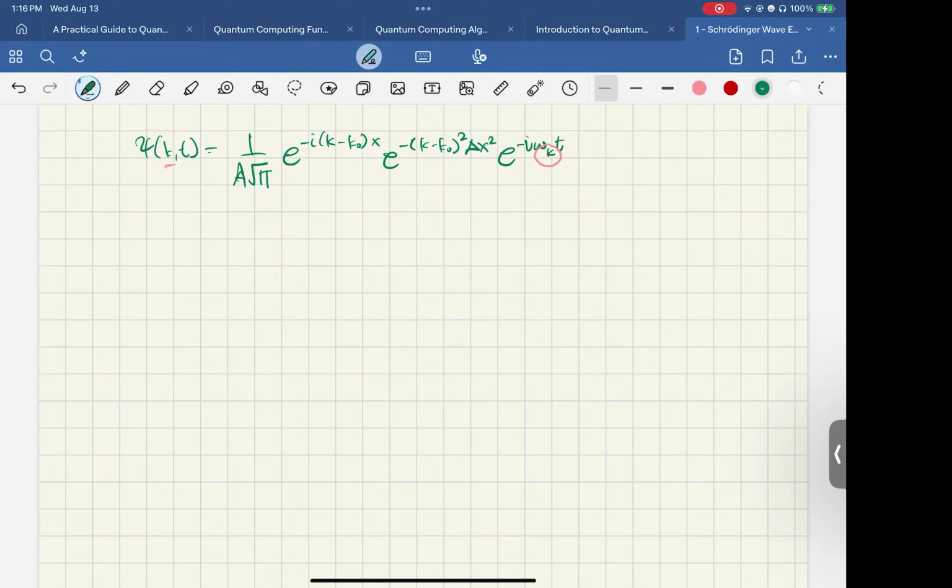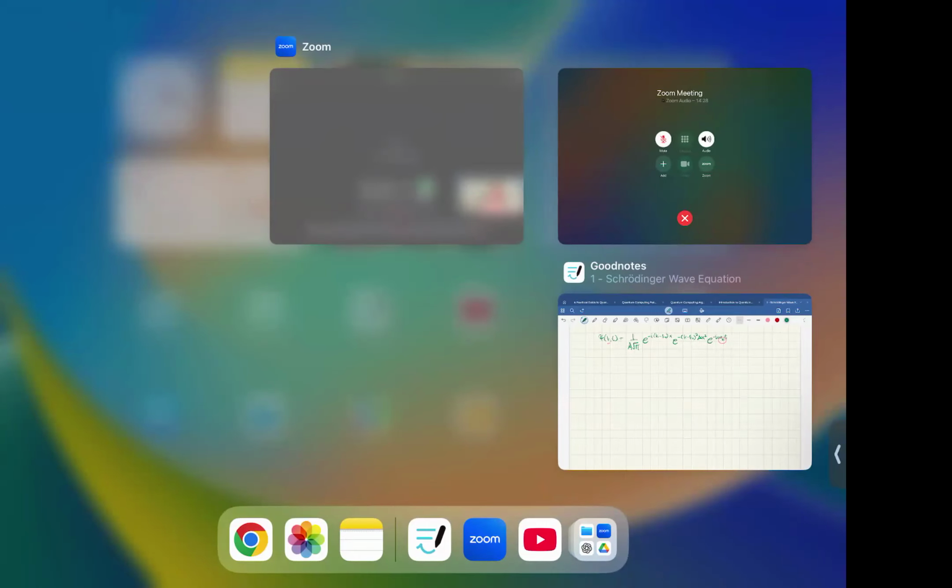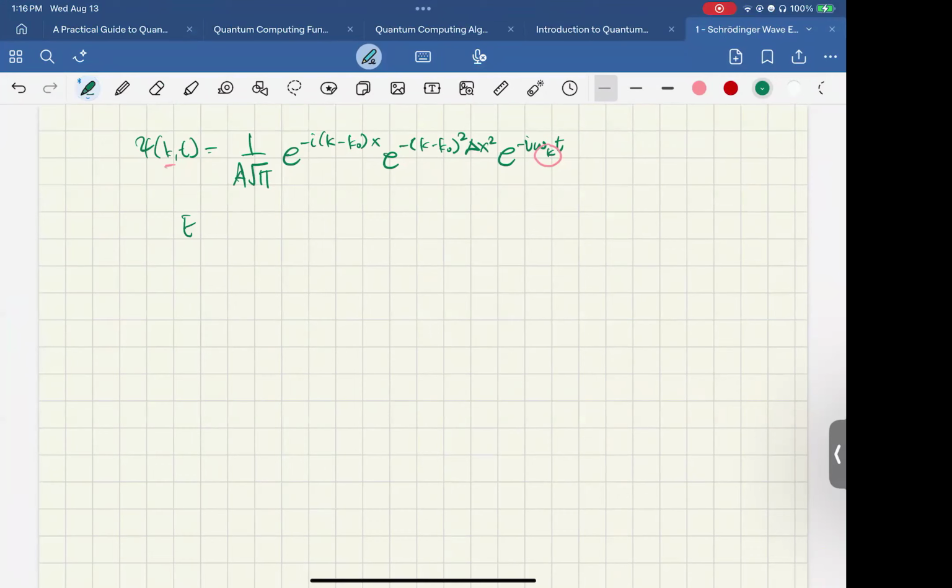Now, we also said that in momentum space, the energy is given by h bar omega of k, or h bar squared k squared over 2 m naught.